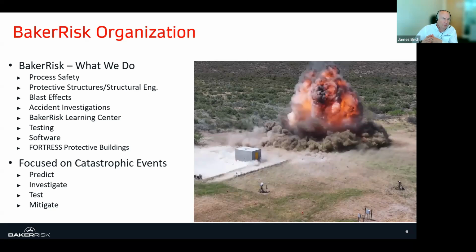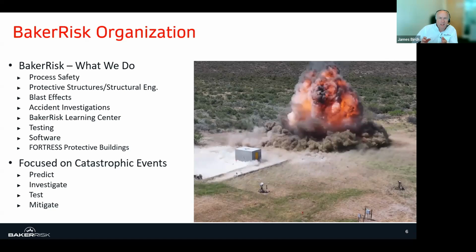We develop a lot of our own software based on our own trials. And we have an organization within Baker Risk, Fortress Protective Buildings, where we produce prefabricated blast-resistant buildings, which can provide not only blast resistance, but also toxic shelter in place.